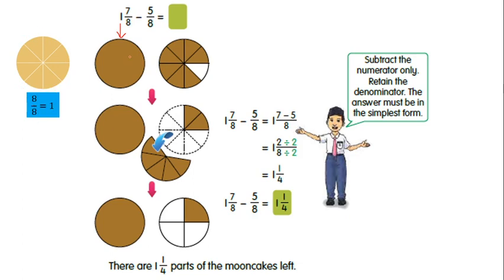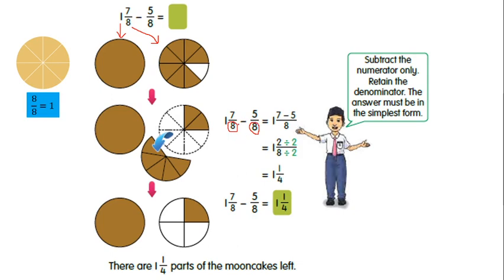Alright. So this one is 7 over 8 minus 5 over 8. We want to subtract 5 over 8 here. Let's look at this one. You can see the denominator is the same, right? Penyebutnya sudah sama.